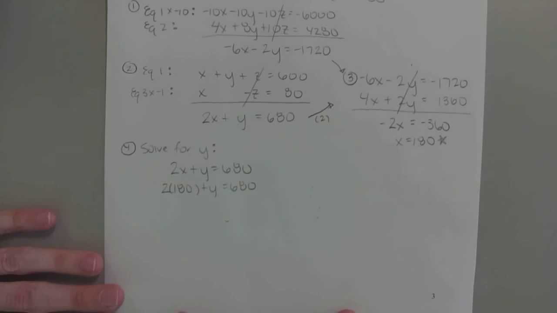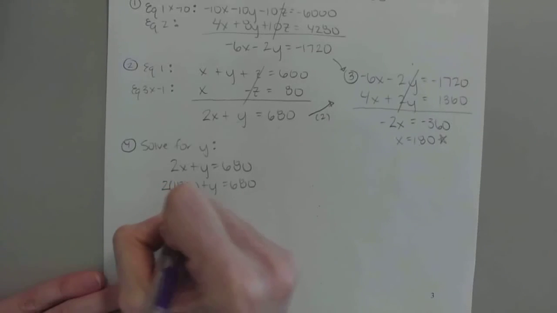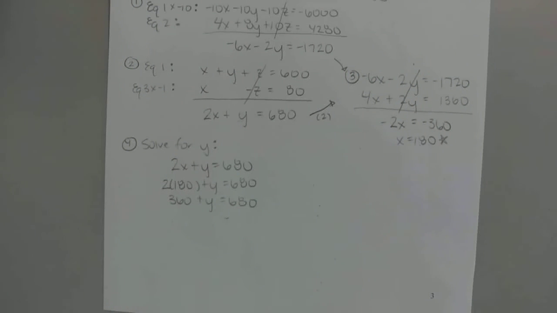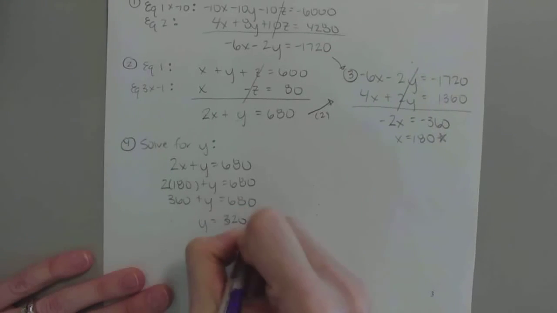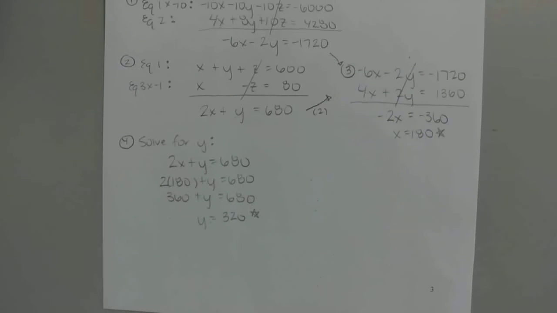So we have 2 times 180 plus y equals my 680. So you double your 180, you should get 360, I believe. So 360 plus y equals 680. And I just got to do what to solve for y? Subtract. Just subtract them over. So you should get 320.